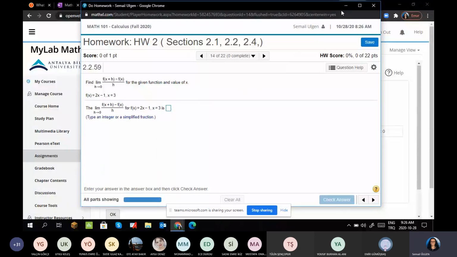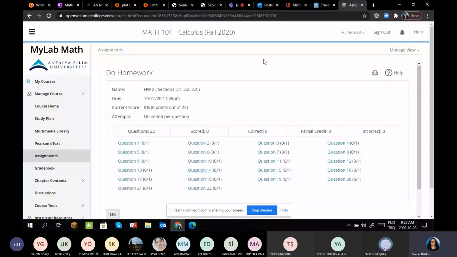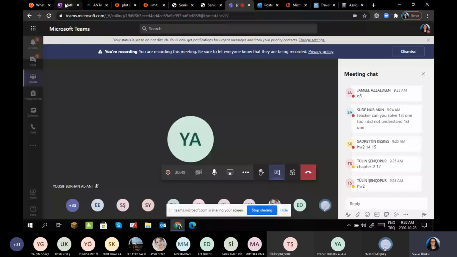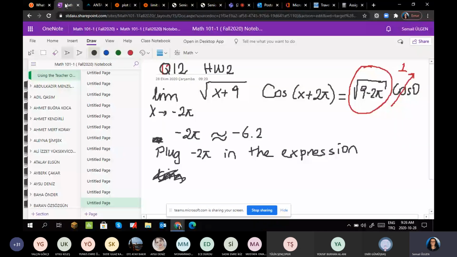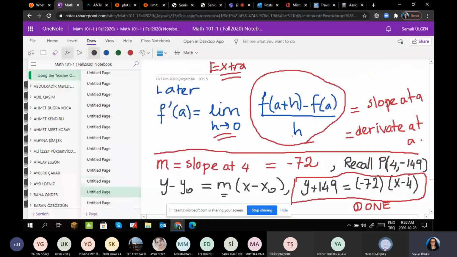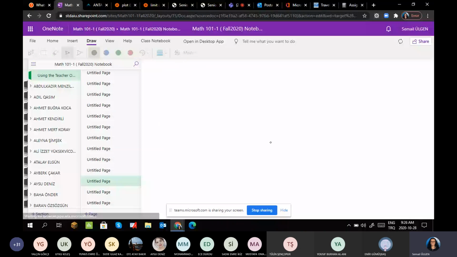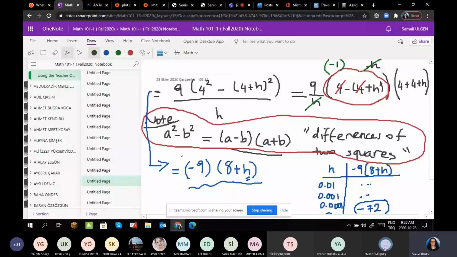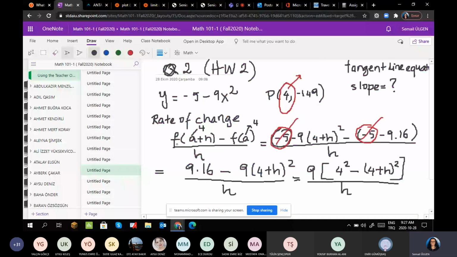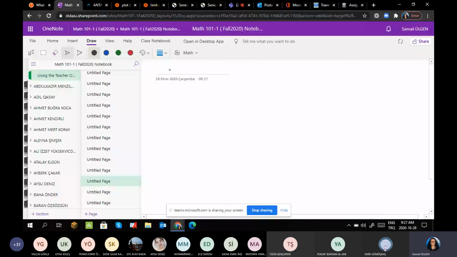It is the same type of question, but I'm going to do it again very quickly. Do you see this ratio? We just calculated f of a plus h minus f of a. Let me redo this for this one too.